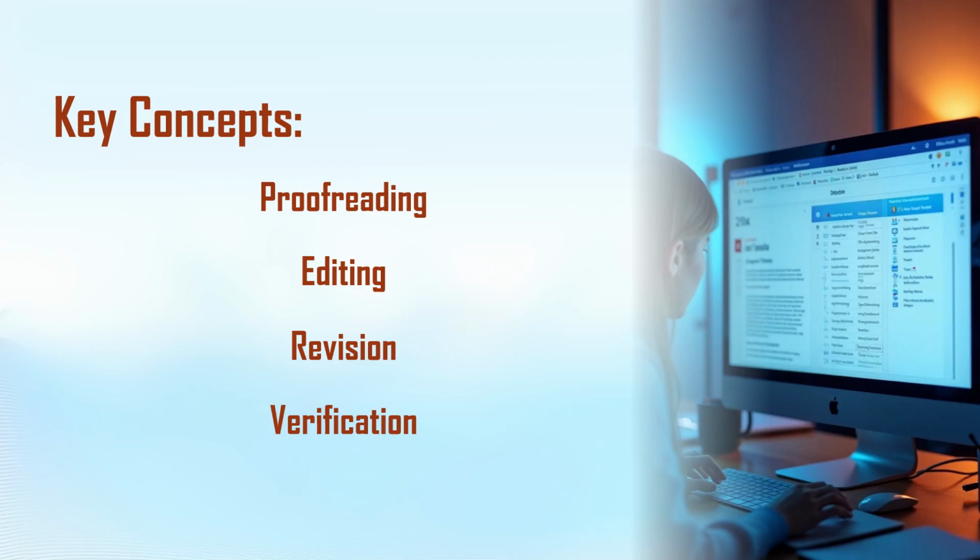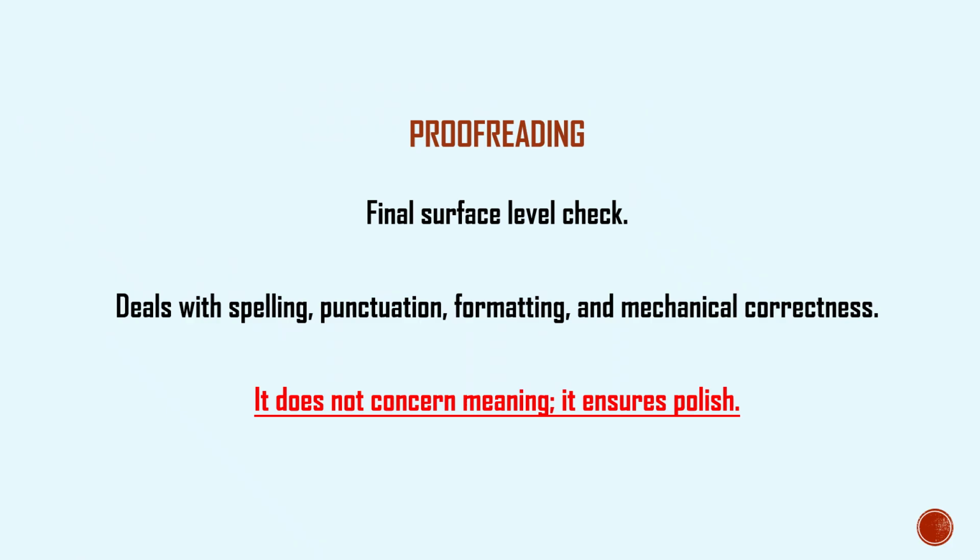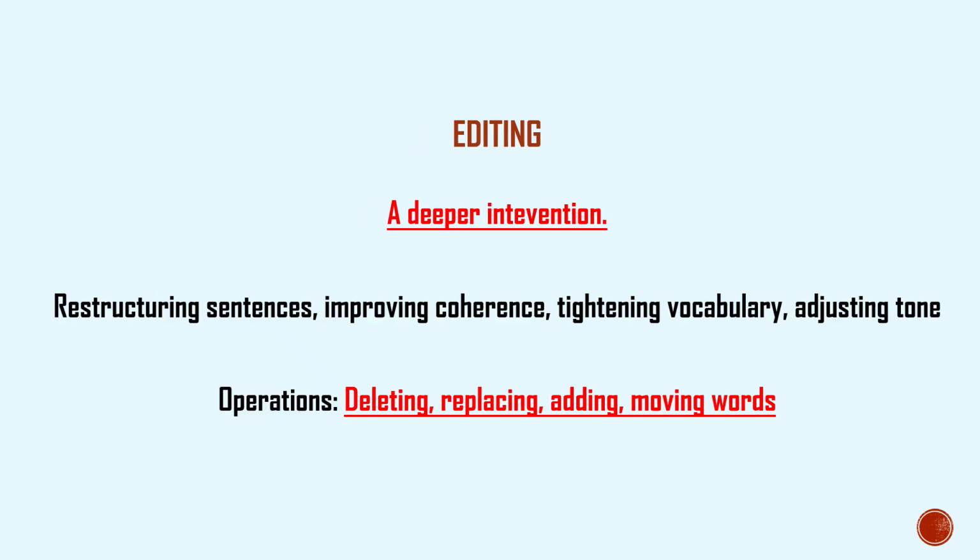Before we get into pre-editing and post-editing, we must clarify four key concepts that often appear in translation workflows. These are proofreading, editing, revision, and verification. Proofreading is the final surface-level check. It deals with spelling, punctuation, formatting, and mechanical correctness. It does not question meaning, it ensures polish.